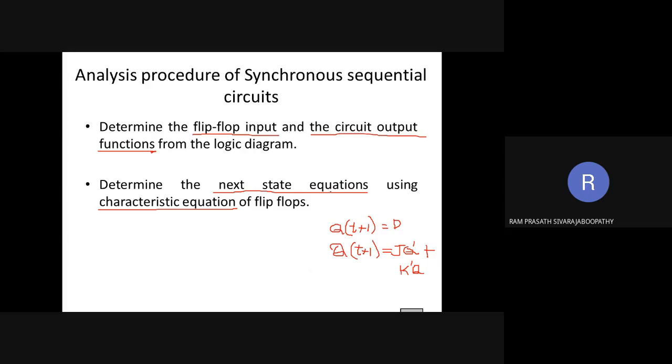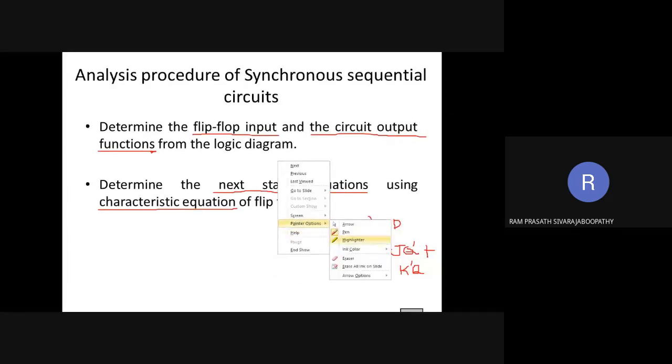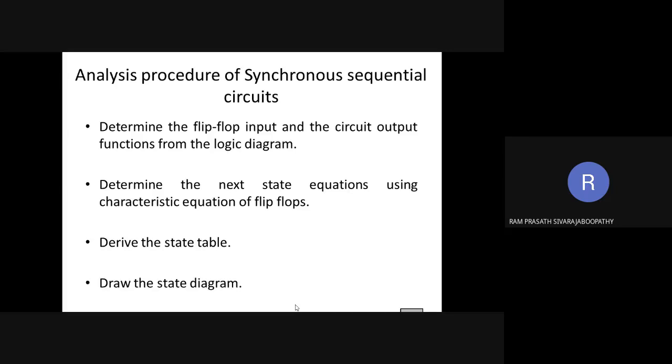Using the next state equation, we can find the next state. If I give this input and this is the present state, what next state will we get? That is step 2. Next step, derive the state table. From this equation, we can obtain the state table, and from the state table, we can draw the state diagram.